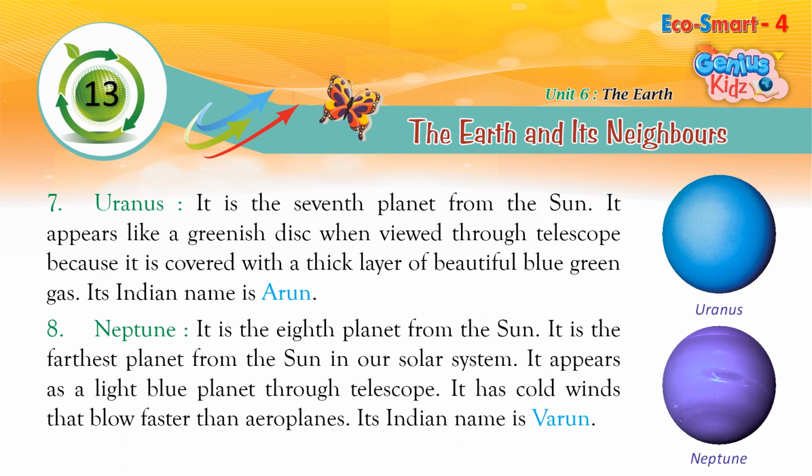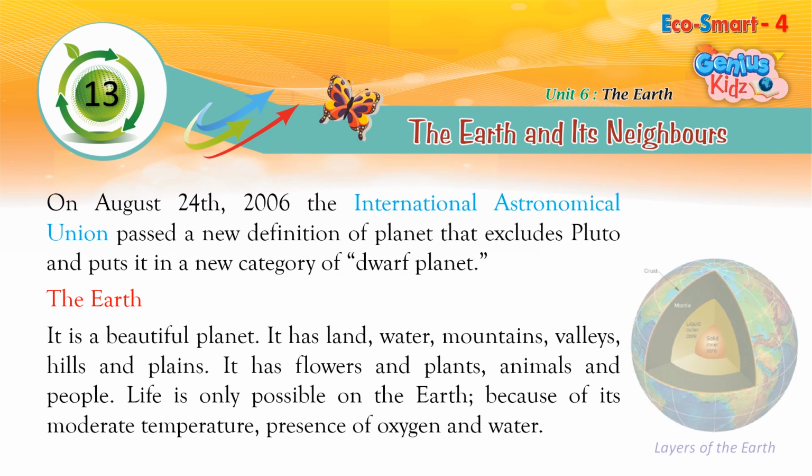It appears as a light blue planet through a telescope. It has cold winds that blow faster than aeroplanes. Its Indian name is Varun. On 24 August 2006, the International Astronomical Union passed a new definition of planet that excludes Pluto and puts it in a new category of dwarf planet.